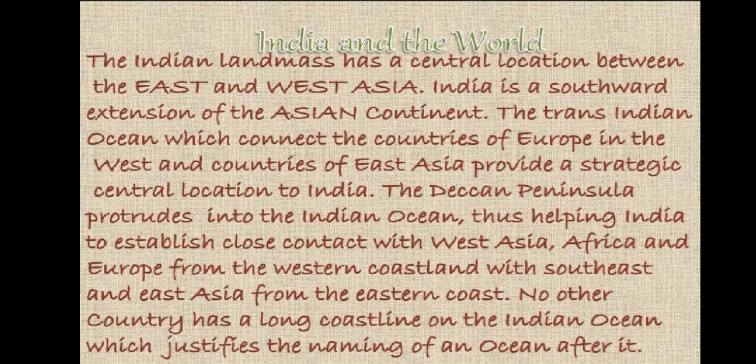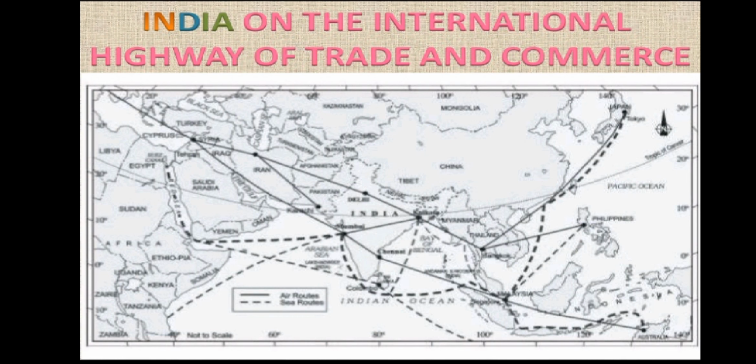After that we discussed about India and the world. We discussed about the strategic location of India. It is centrally located, which works as an international highway of trade and commerce, not only by land but by sea and ocean also.